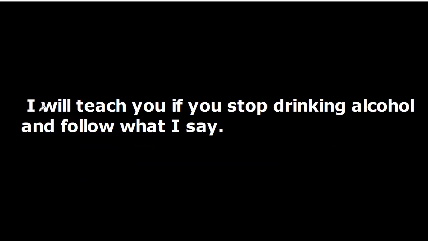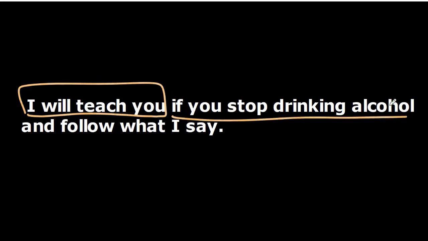Another example, I will teach you, I will do this under this condition, right? If you stop drinking alcohol and follow what I say, if you do both the things, if you stop drinking alcohol and follow what I say, I will teach you, right? But I will teach you only if you stop drinking alcohol and follow what I say, right?